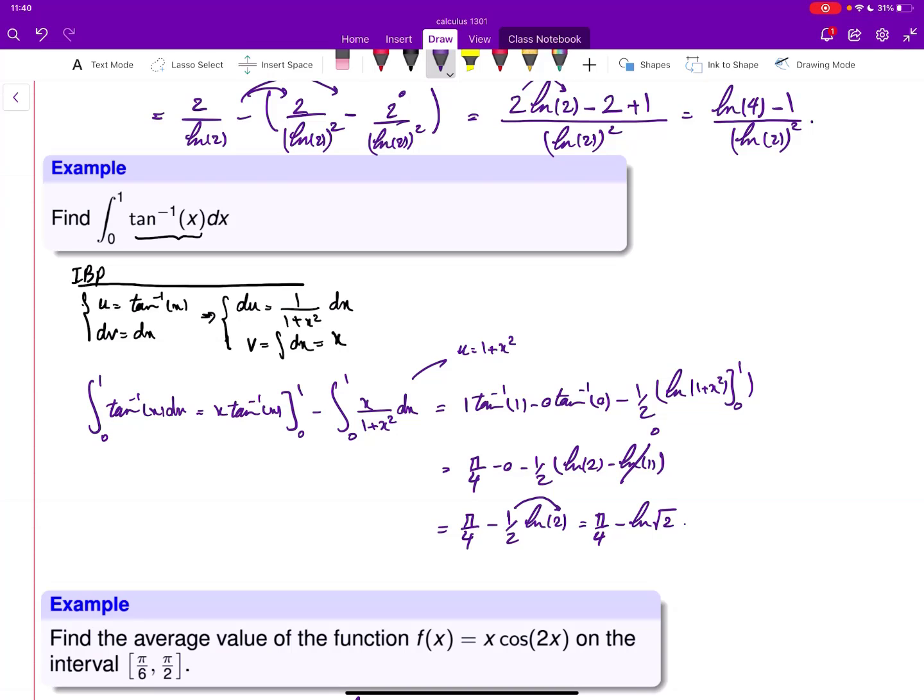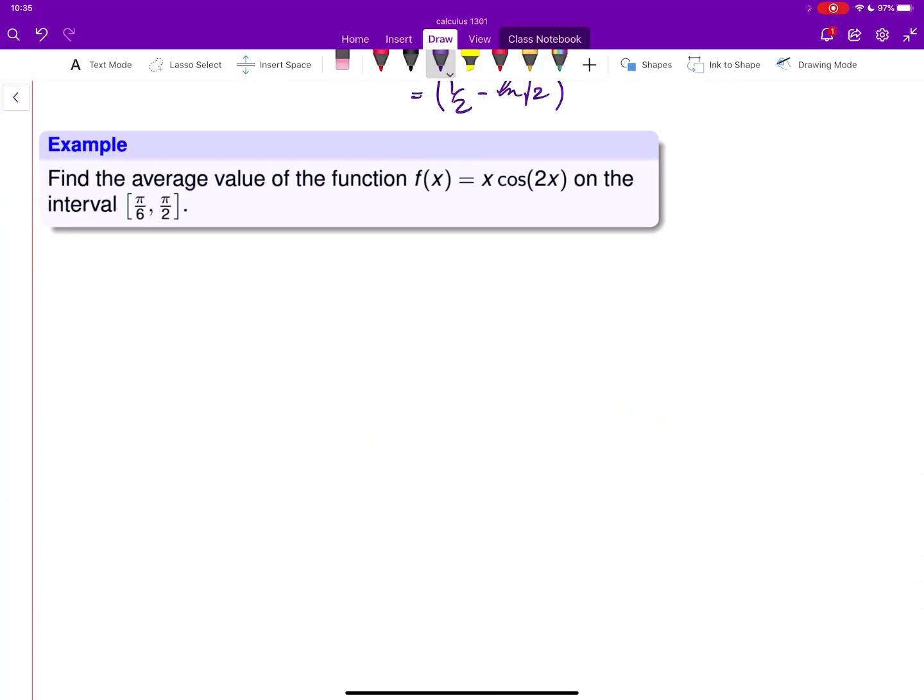Okay, and the last example here is find the average value of the function x cosine 2x on the interval pi over 6 to pi over 2. Very nice.